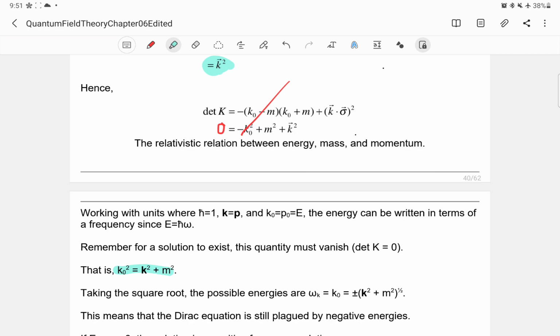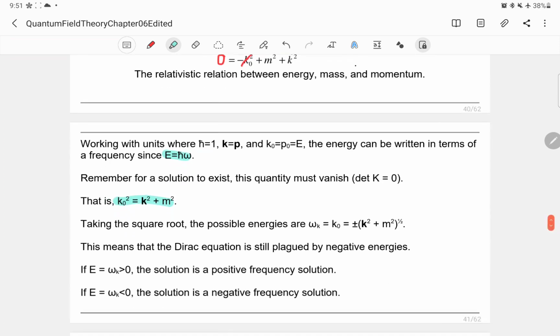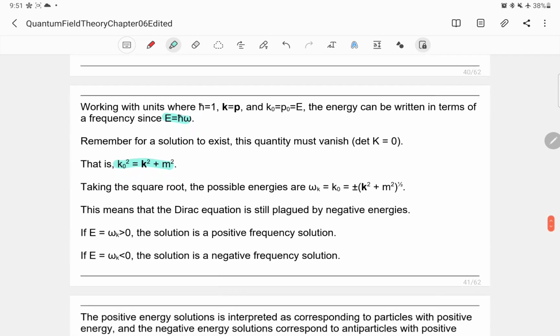So if we write the energy in terms of the frequency, we have this one. Therefore, if we take the square root of this one, we will be able to get this. So the energy is clearly positive and negative.